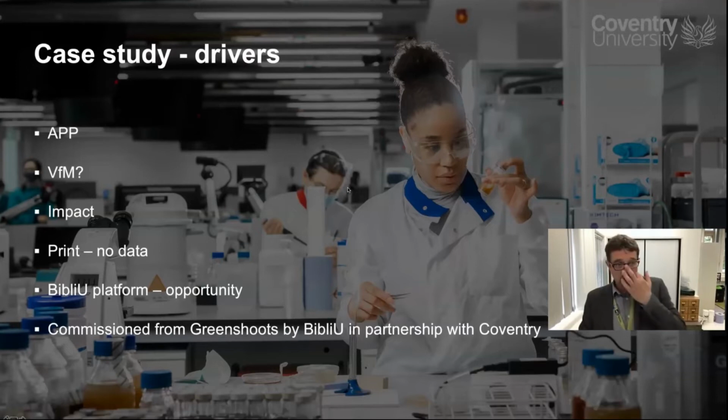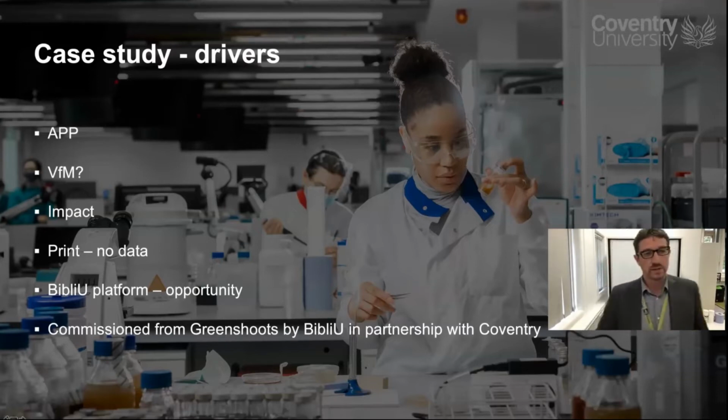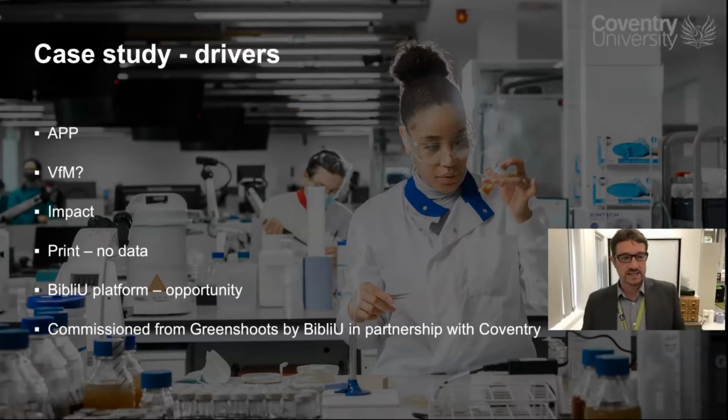So what about the case study? And I hope some of you have been able to read the case study itself, or at least get a look at it. Really, the drivers for this were obviously, we were required by the Office for Students to be writing an access and participation plan. And this initiative, the Flying Start initiative, was a key part of the access and participation plan.